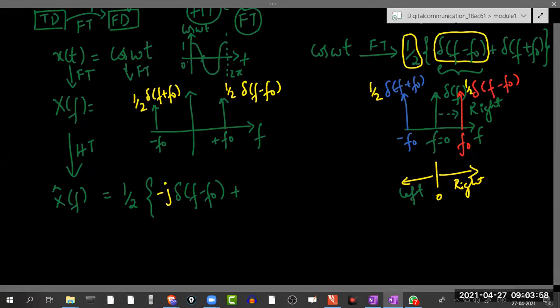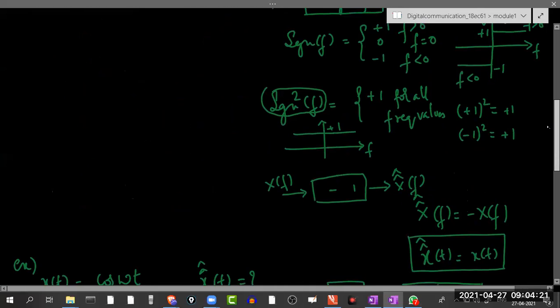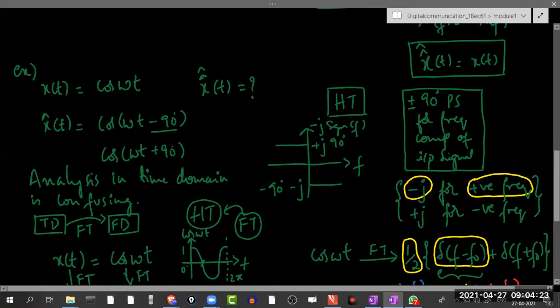Can I have some quick answers, because we are running out of time? My question is whether this delta f plus f naught belongs to the right side or left side? Left. Yes, that's the right answer. Left side. So here, according to the Hilbert transform definition, negative frequencies should be multiplied by what?